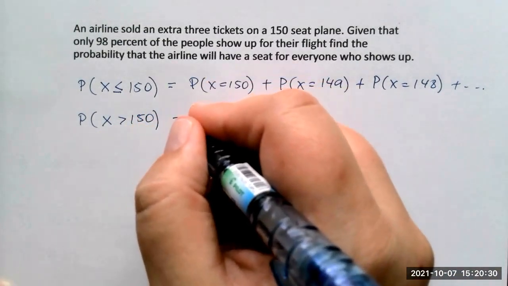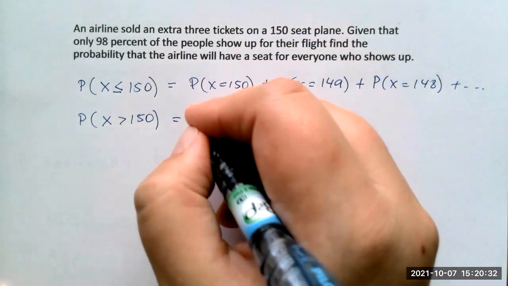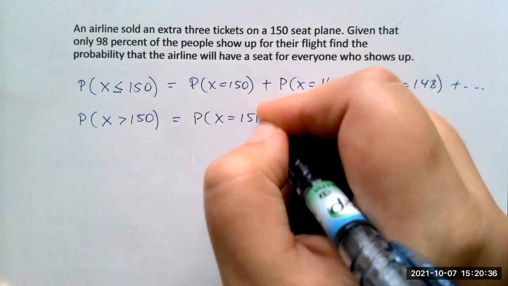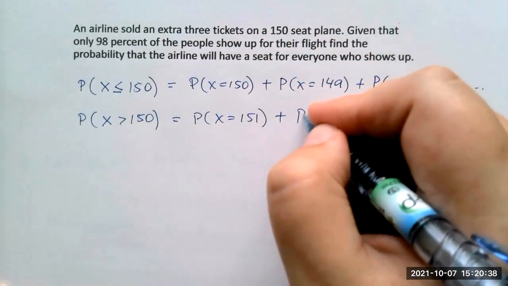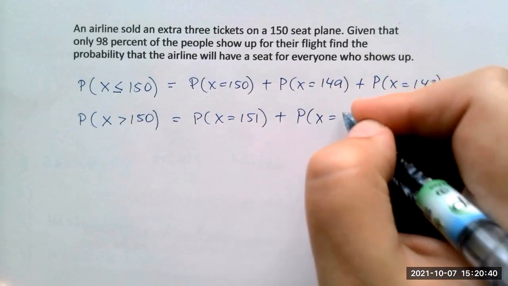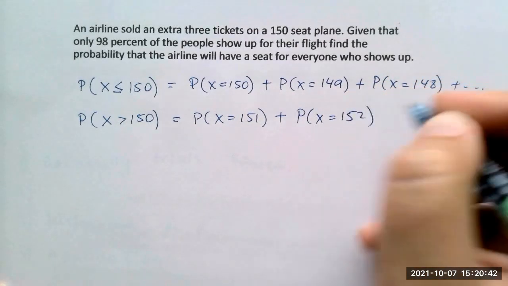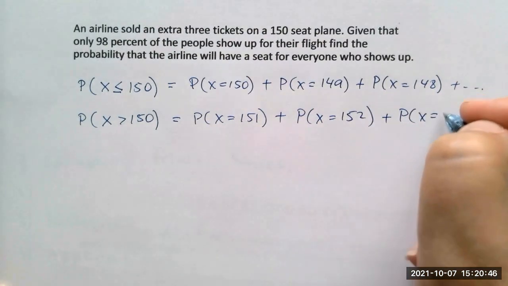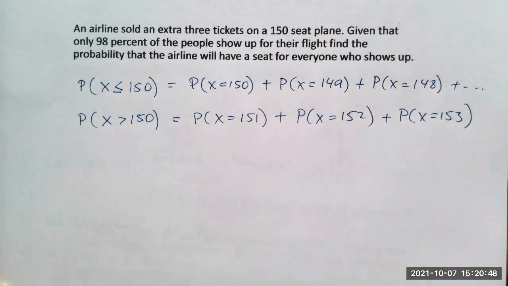So what does that mean? Let's break it down. That's the probability of X being 151 or 152 or 153.